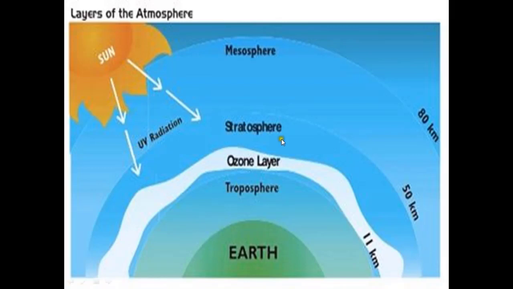This is the way the Earth's surface is protected, as 99% of the sun's powerful ultraviolet rays are prevented by the ozone layer.